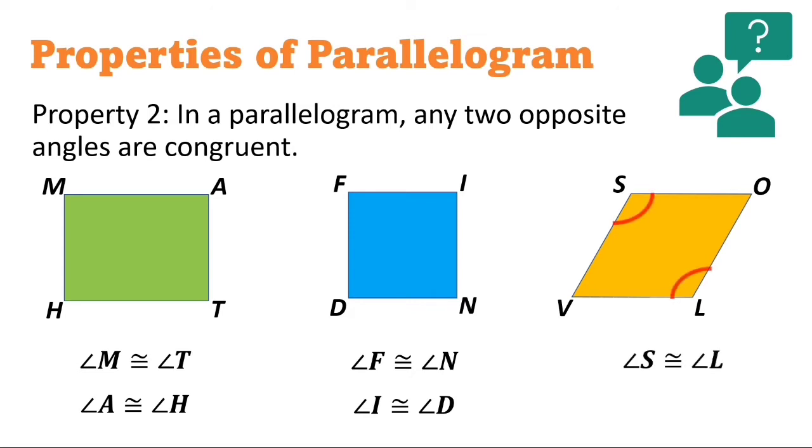Very good. Angle S is congruent to angle L. What else? Perfect. Angle O is congruent to angle V. Remember, that is property number 2. Any two opposite angles of a parallelogram are always congruent.